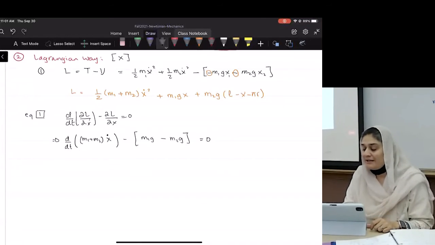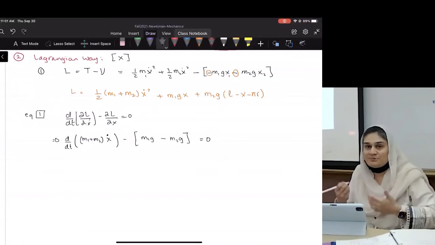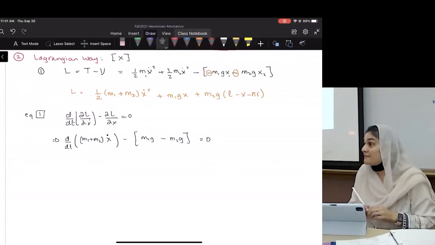Why do I not use L or pi r squared? It's not x. If you differentiate a constant, it gives you a 0. So I'm just not using it. But you should know why you're not using them.